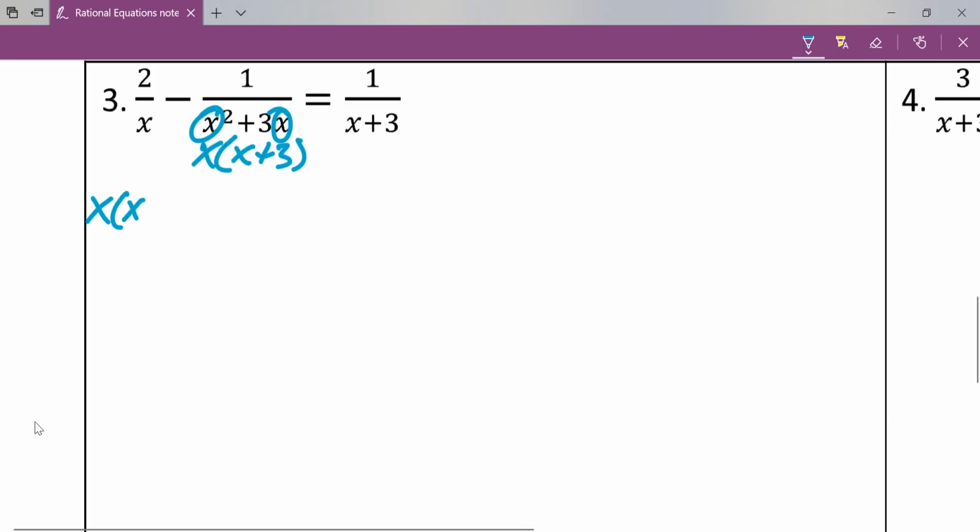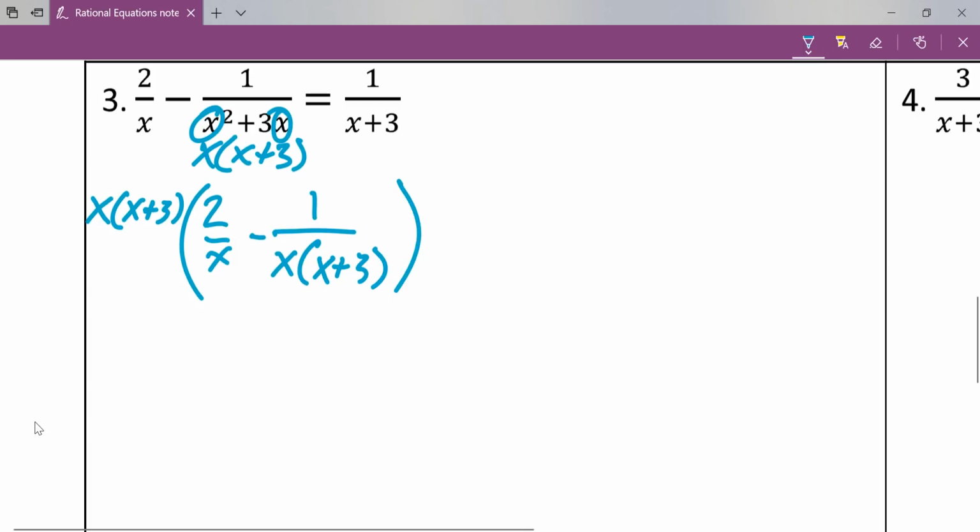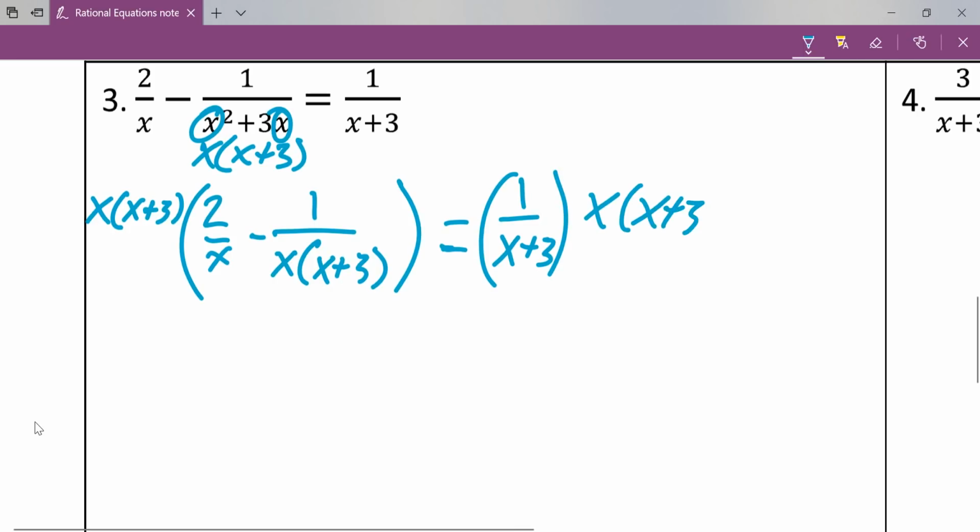So we're going to say x times x plus 3 multiplied by 2 over x minus 1 over x times x plus 3. And I'm going to leave this factored so that it's easier to eliminate later. And that is equal to 1 over x plus 3 times x plus 3.